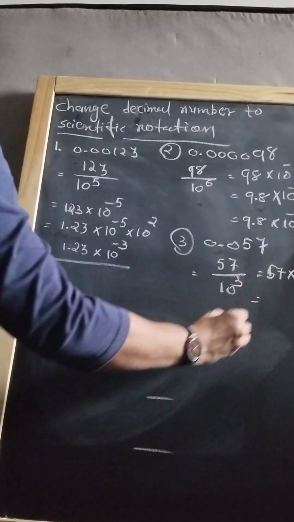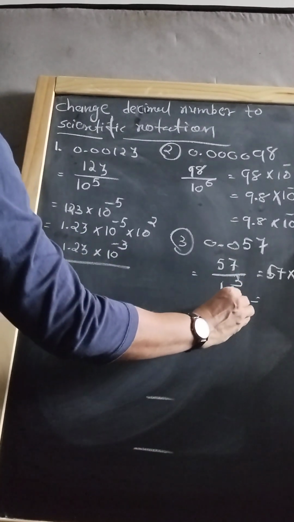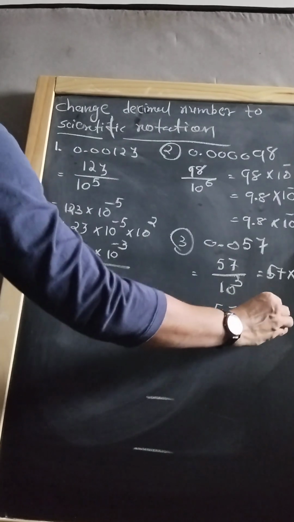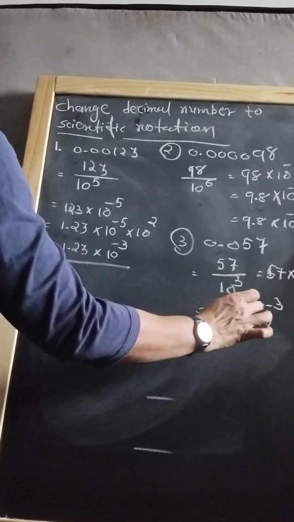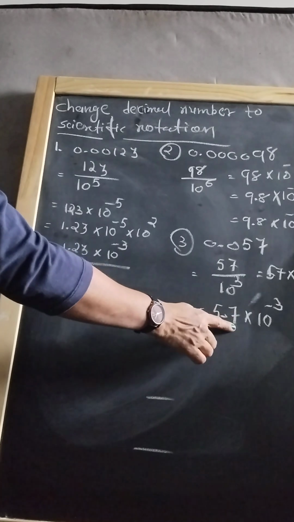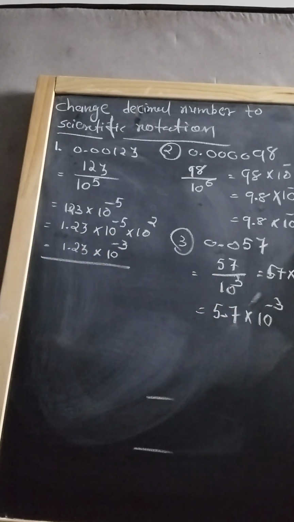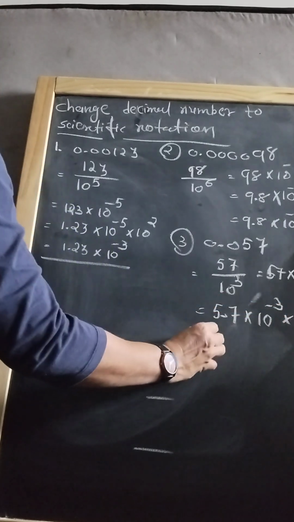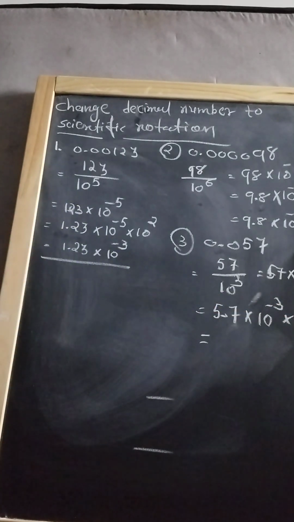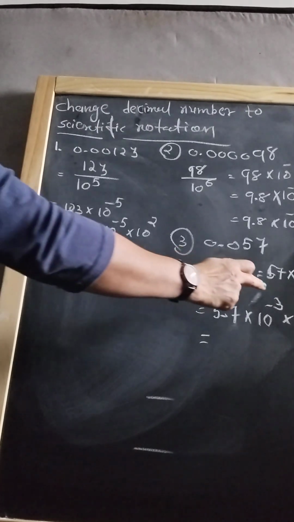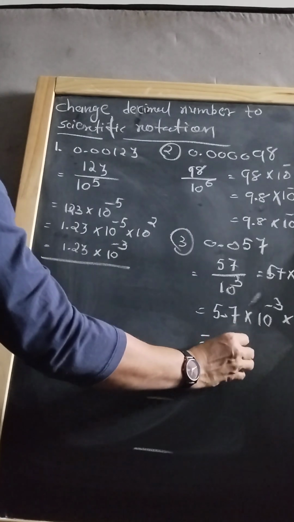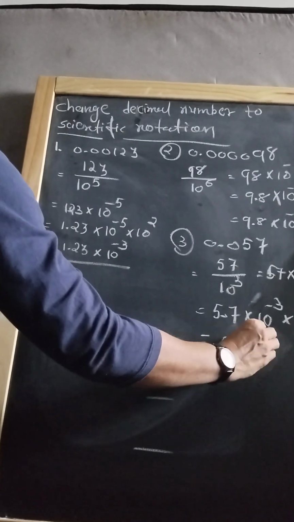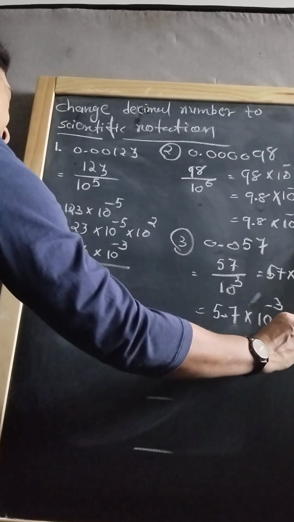So put the decimal after the first digit. So 5.7 times 10 to the power of negative 3 times 10, because after the decimal 1 digit, so 1 0 means 10 only. Again use the product rule of exponents. Bases are equal, add the exponents. So negative 3 plus 1, which is negative 2. So 5.7 times 10 to the negative 2.